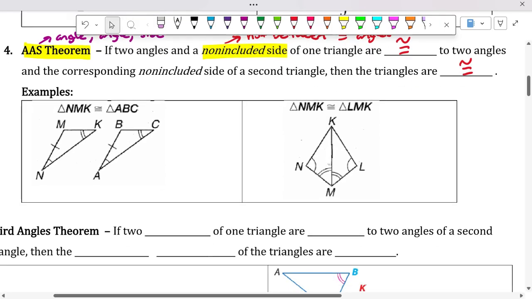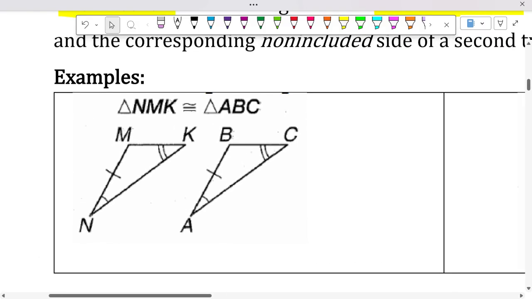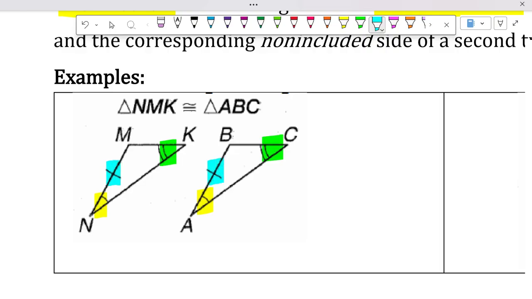So, if I look at this example, here's my two sets of congruent angles, and here's my congruent side. Now, this would be by angle, angle, side, but here's my question. Is this side directly between those two congruent angles?